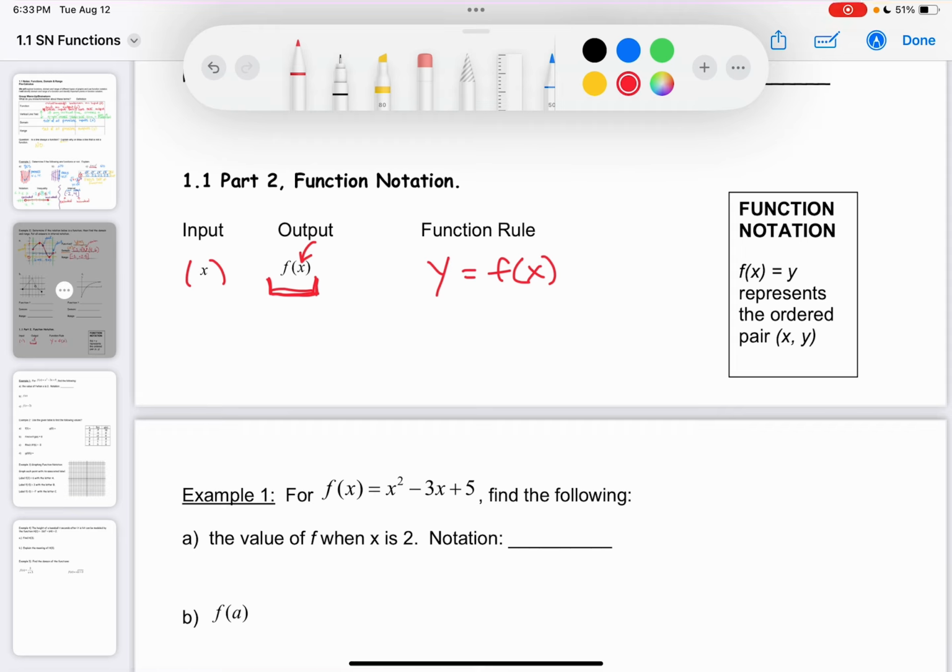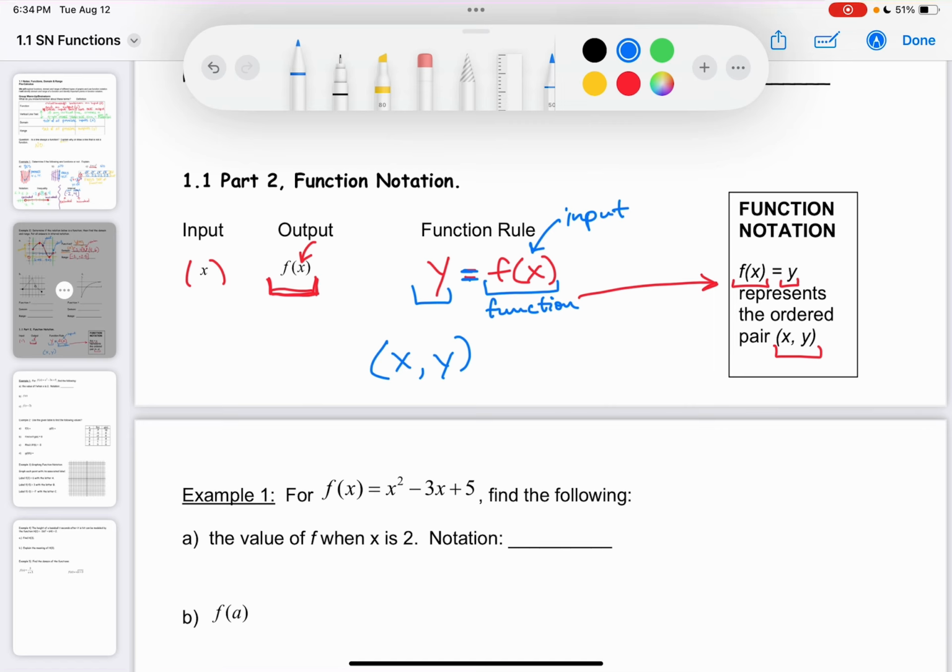And if you look over here, f of x equaling y represents x, y. And this is exactly true. If we're saying these two things are equal, we're saying that I put the x into my function and I get something out. If you put that onto a graph, it would be your x and your y.